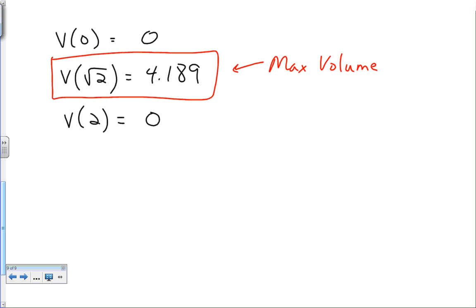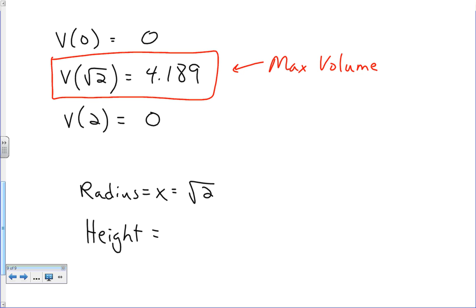So remember that the x value is the radius. So the radius, which is equal to x, turned out to be the square root of 2. And our height, if you go back to your sketch, was equal to the y value, and y was equal to 4 minus x squared. So that would be 4 minus the square root of 2, squared.